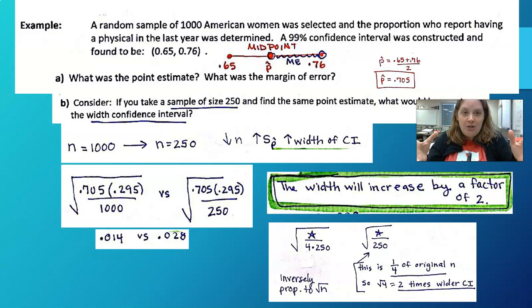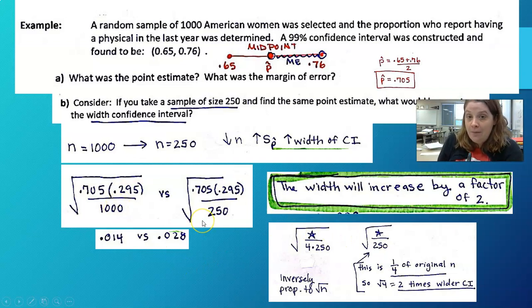So if you make your sample size bigger, your confidence interval gets smaller by the square root of that factor. If you make your sample size smaller, your confidence interval gets bigger by the square root of that factor. So in our case, we went smaller by a factor of 4, which makes our margin of error get bigger by a factor of 2, because that's that square root.